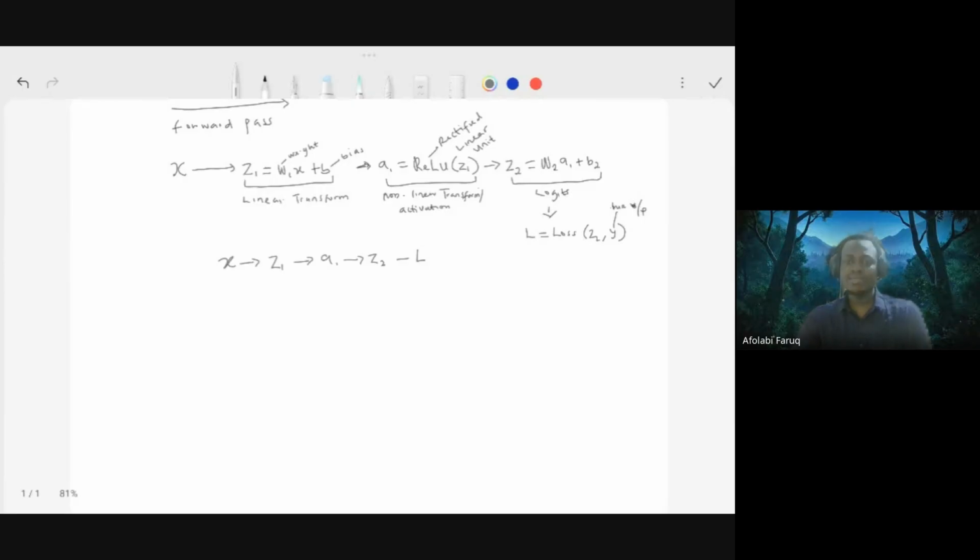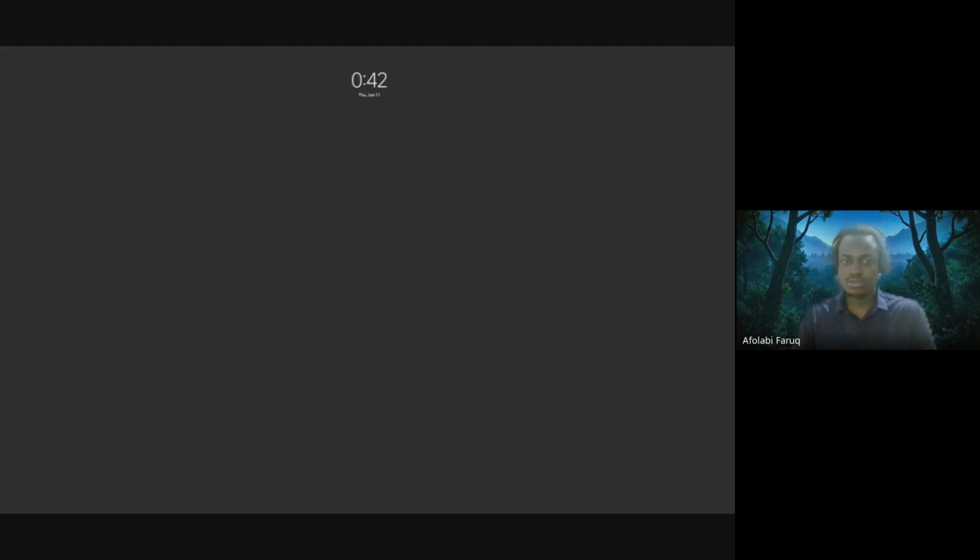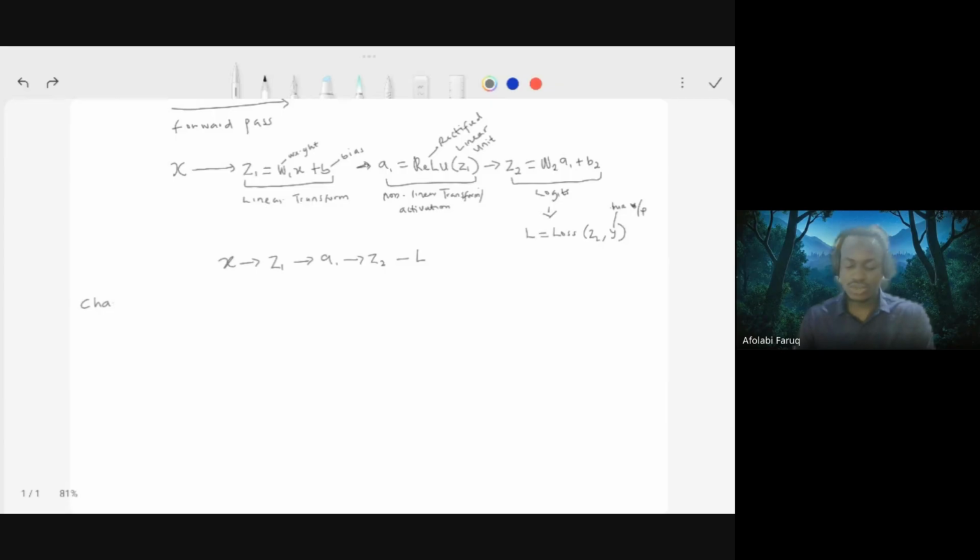I think there's a particular mathematical concept that I'm supposed to introduce here, and that is the concept of the chain rule. Or before I go into the chain rule, here is the output L. I think it's also important for us to talk about the backward.